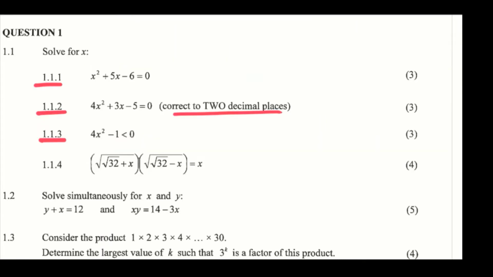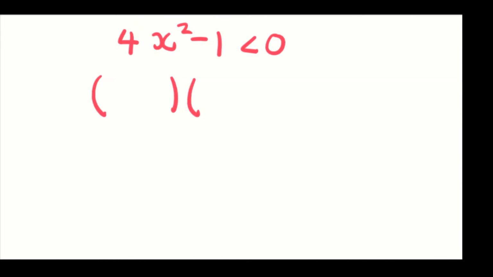1.1.3, where we also solve for x for this inequality problem. So the first step, we're going to write our equation 4x squared minus 1 being less than 0, right? And we're going to factorize this problem here. So we're going to have 2x and 2x, right? Difference of squares, so it's going to be plus 1 and minus 1 here.